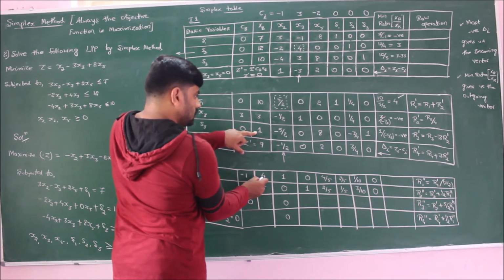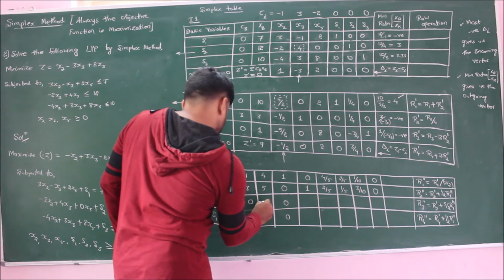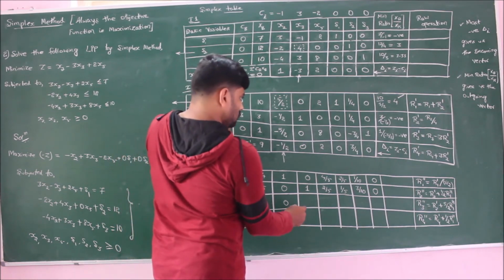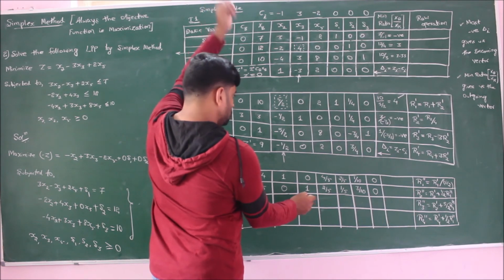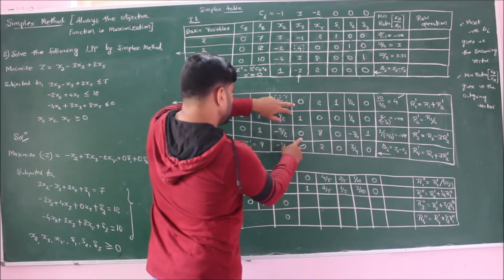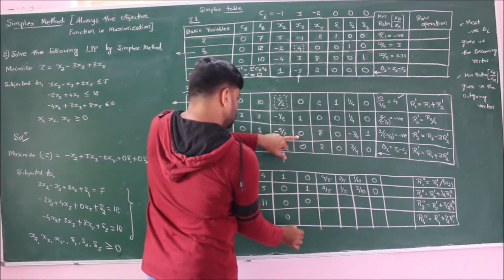So 1 plus 5 by 2 into 4 will become 2, 5 2s are 10. 1 plus 10 will become 11. Next, here also we have 0, here also we have 0, it will become 0.